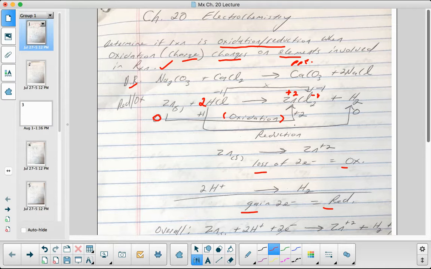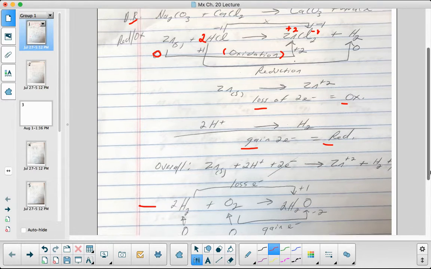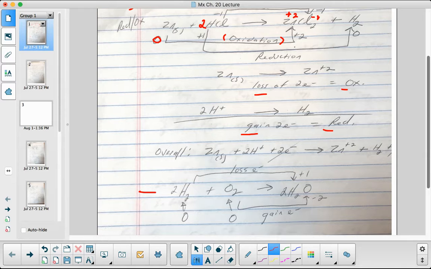And so then we show that reaction as an overall oxidation reduction reaction, and we only show the species that change. We leave out the chloride altogether because it never changes. So zinc solid plus 2 hydrogen ions plus 2 electrons goes to zinc 2+ plus a hydrogen molecule.